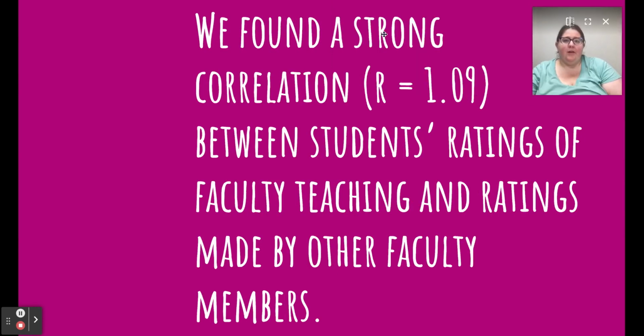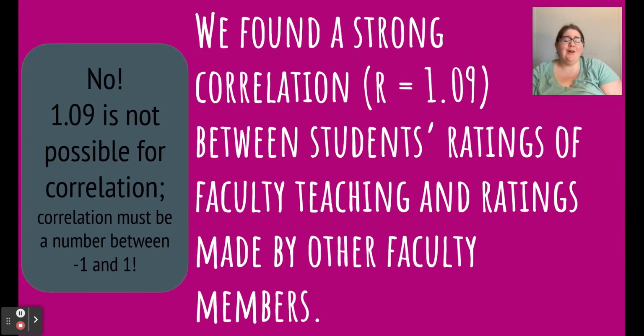Second sentence: we found a strong correlation, R equals 1.09, between students' ratings of faculty teaching and ratings made by other faculty members. That one is also not correct. Even though there could be a strong correlation between those two variables, R is a value that should never be bigger than 1. 1 means it's a perfect straight line with an exact slope that never changes, so beyond that makes no sense.